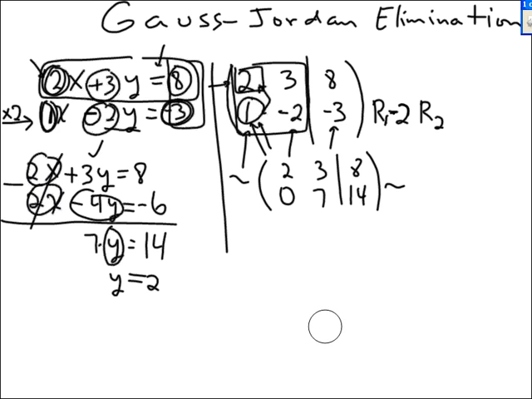I could divide every entry in row 2 by 7, because 7 goes evenly into those three numbers. So let's do that. 2, 3, and 8. 0 divided by 7. 7 divided by 7. 14 divided by 7.